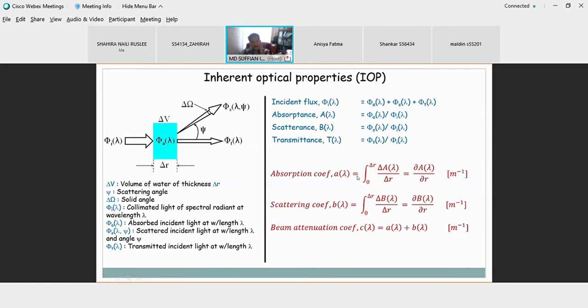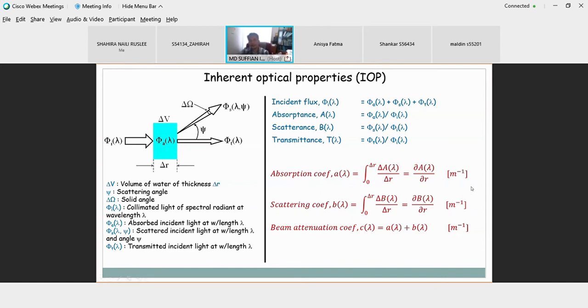So absorption coefficient is absorptant divided by delta R, the thickness of the water. Absorption coefficient is the ratio between absorptant, the fraction of light absorbed, divided by the distance, berapa jauh dia bergerak dalam kolom air.